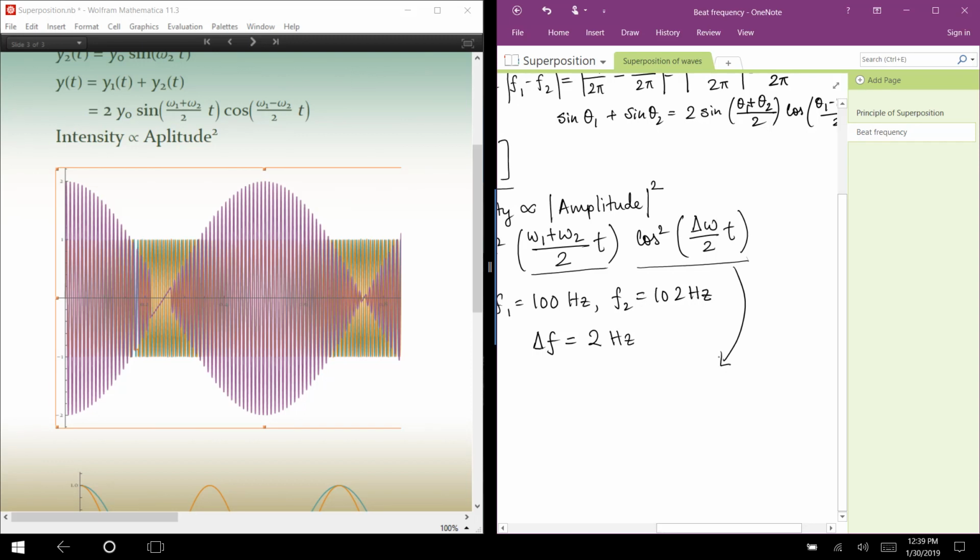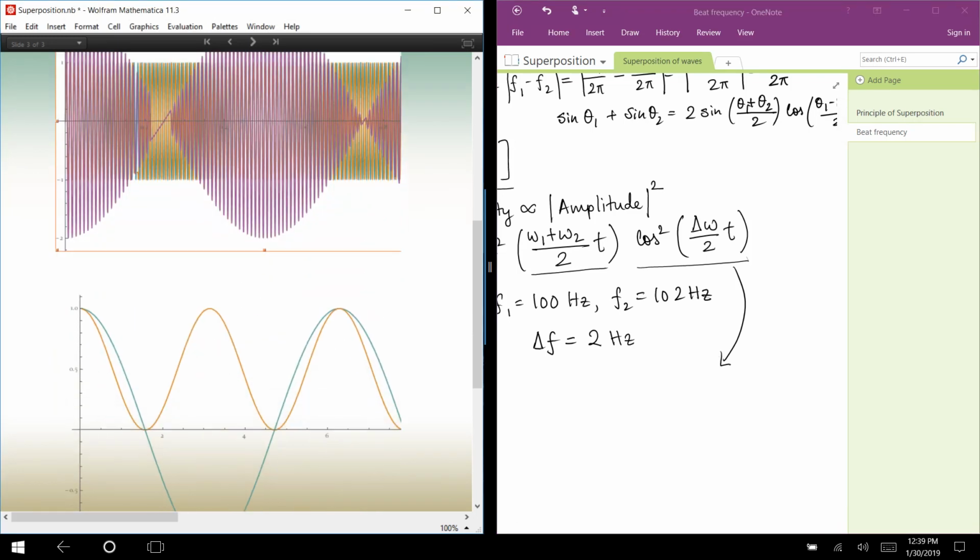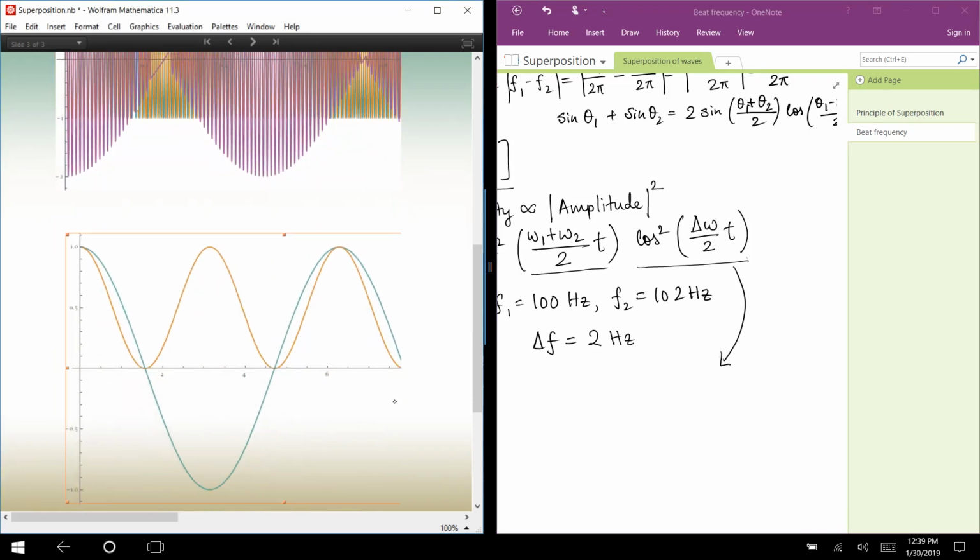It turns out that the frequency of cosine squared is essentially twice the frequency of a cosine curve. So how do we see that? Here I have plotted a cosine curve. The blue curve here is the cosine curve, and then I've squared the cosine curve and plotted it over here, right? So this is the square of my cosine curve.